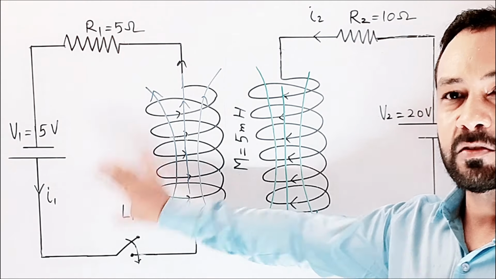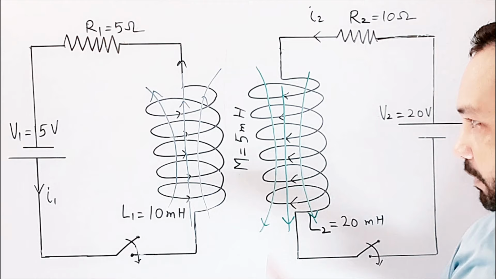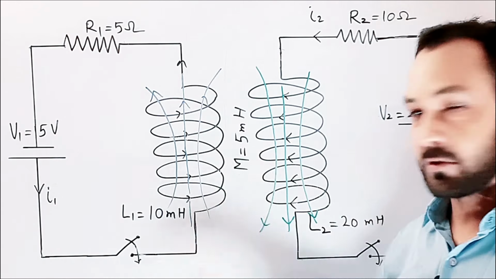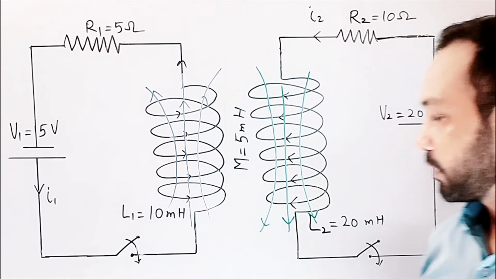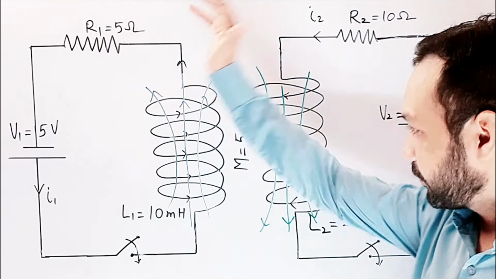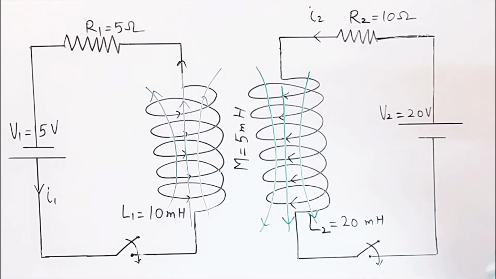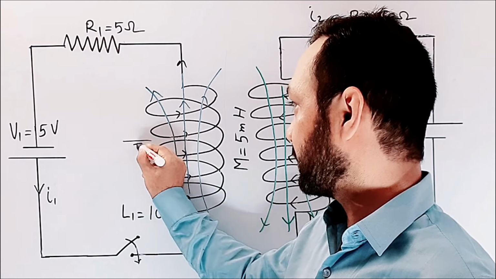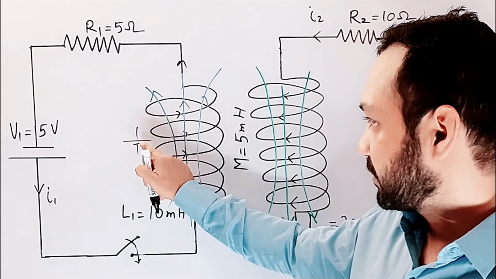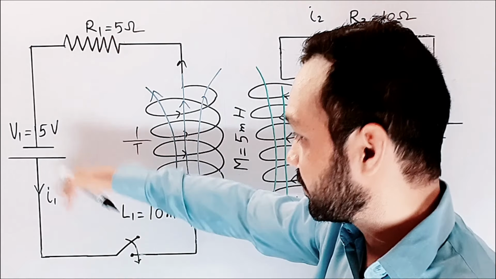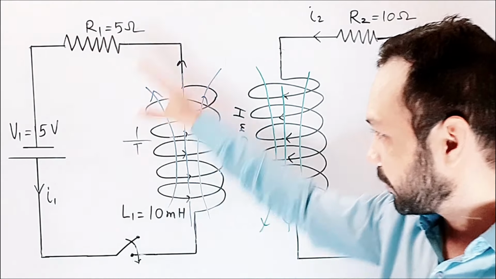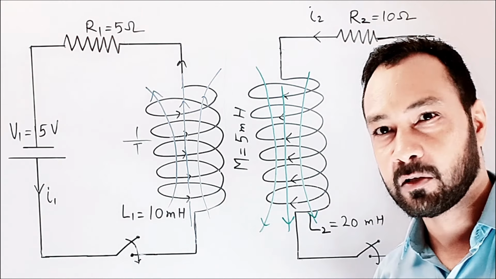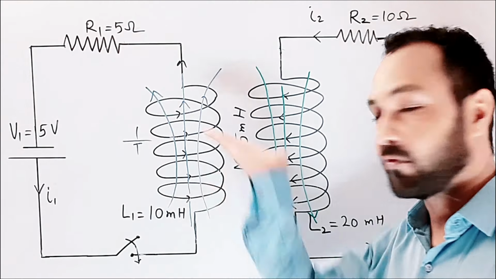I am talking right now about this EMF because of the self-induction. The induced EMF would be such that it will oppose the cause. The cause is the increasing current. So I will put an induced battery. If the induced battery is something like this, positive here and negative there, it will further increase this current. But this current is increasing, so the induced EMF must oppose the increment of this current.